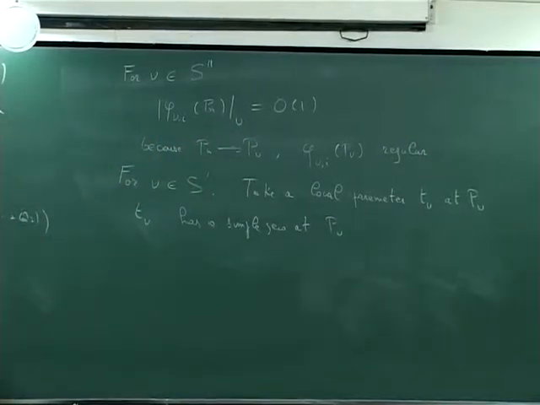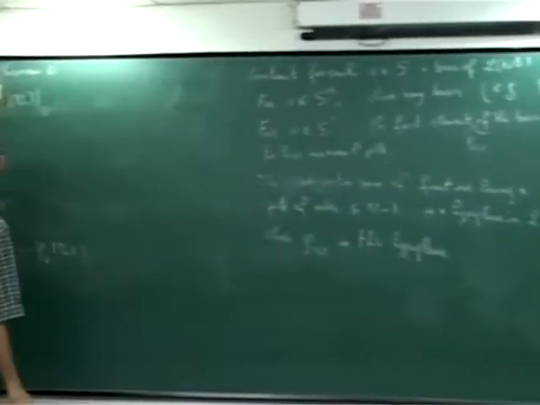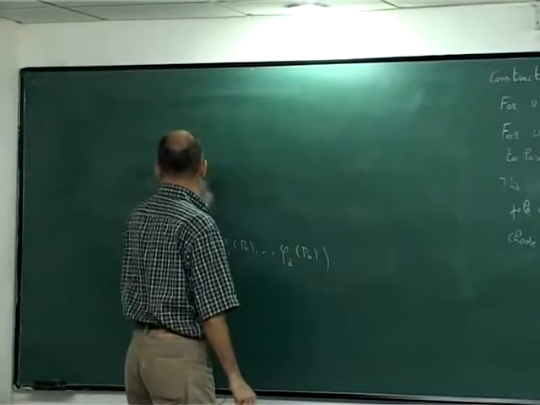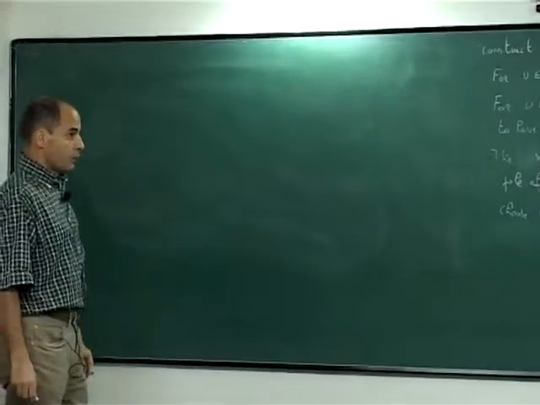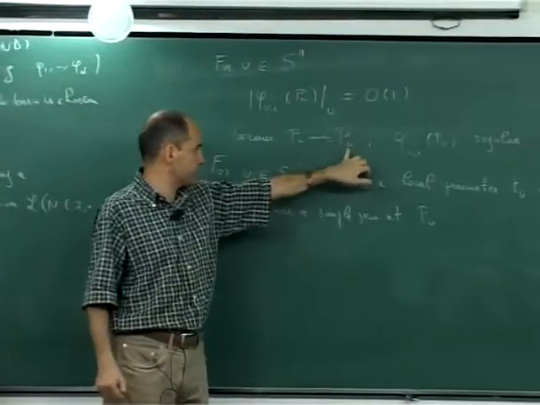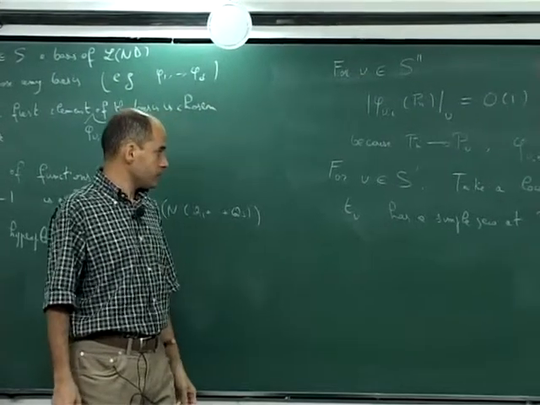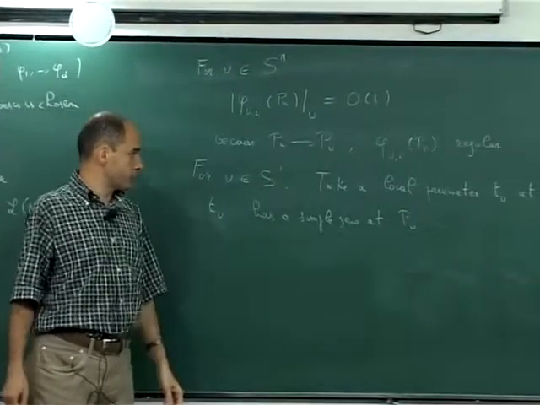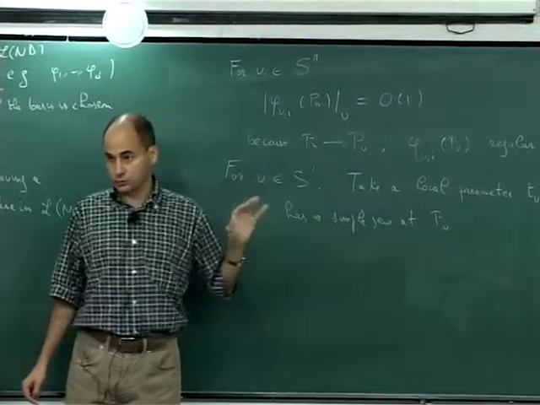So when Pn tends to P nu, those functions having a pole at P nu will tend to infinity and the others will tend to 0.